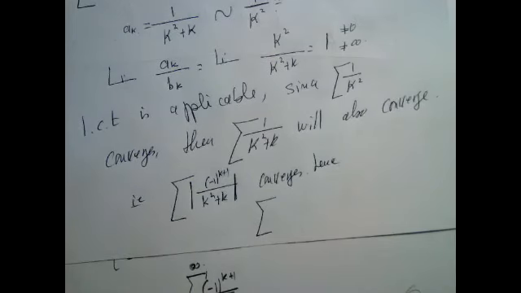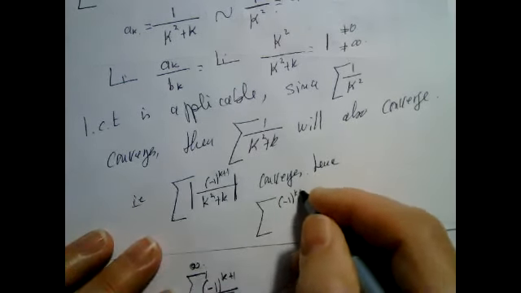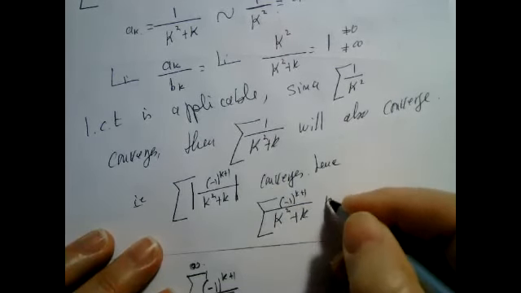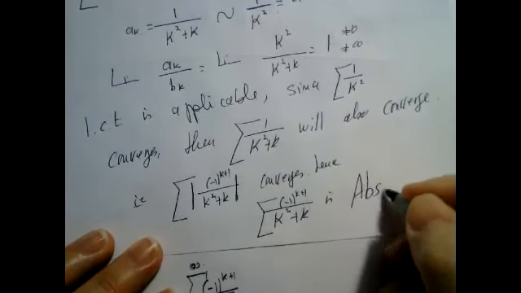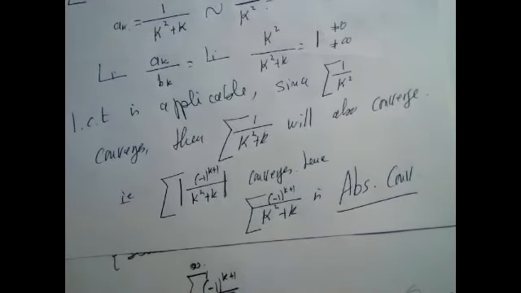If it's absolutely convergent, it means when I put the absolute value, it will converge, which means without them it will also converge. So we don't have to check anything else. So my original series is absolutely convergent. Okay, I'm done. In this particular problem, I'm done.